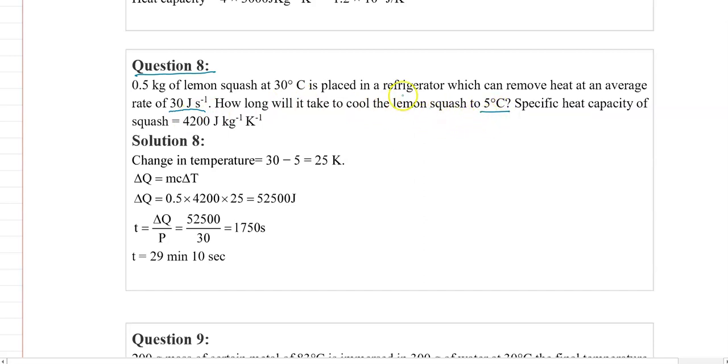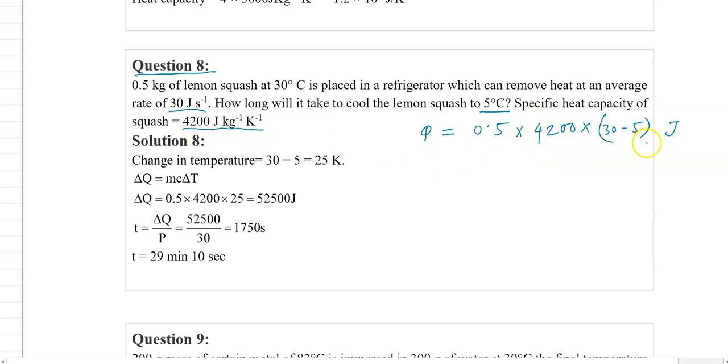So we have to calculate how much heat is required to be removed. The amount of heat required to remove is m c delta T: 0.5 into the specific heat capacity of squash, which is the same as that of water, 4200, into delta T, which means 30 minus 5.